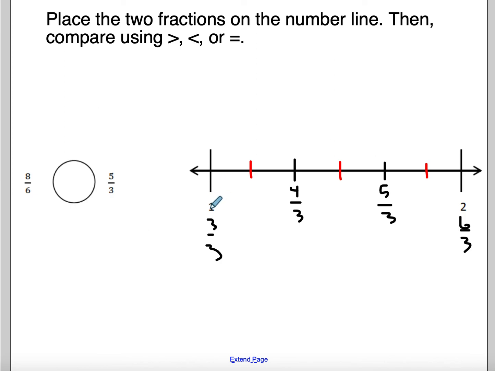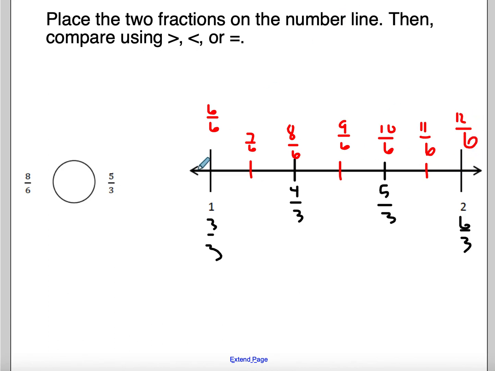So again, this is 1 whole, which means it's 6/6. I'm going to count on from there: 7/6, 8/6, 9/6, 10/6, 11/6, and 12/6 for 2 wholes.